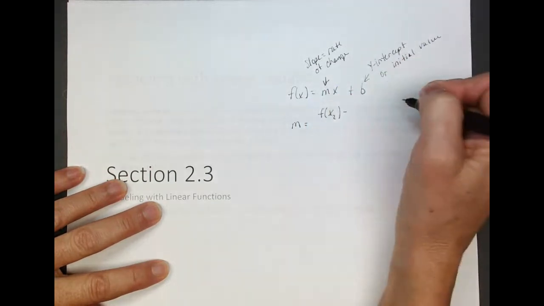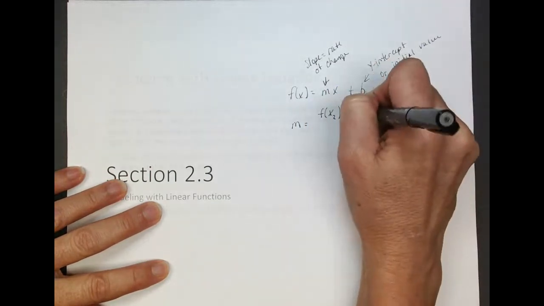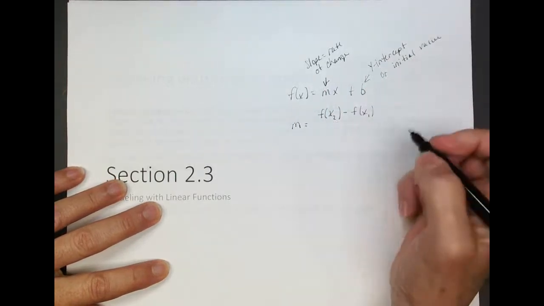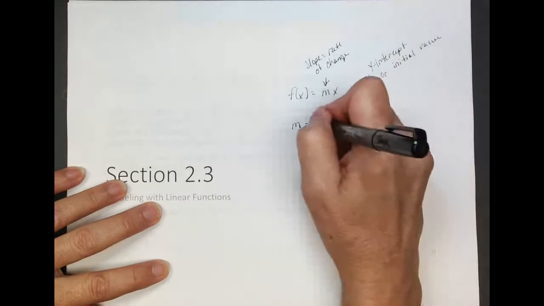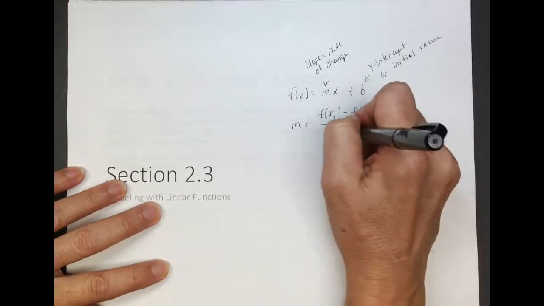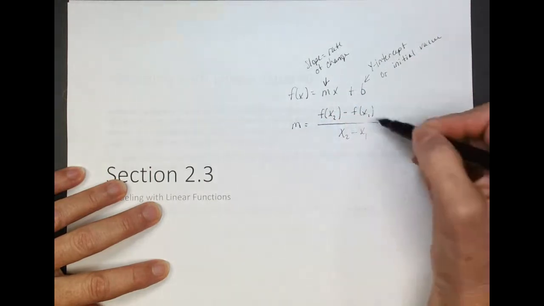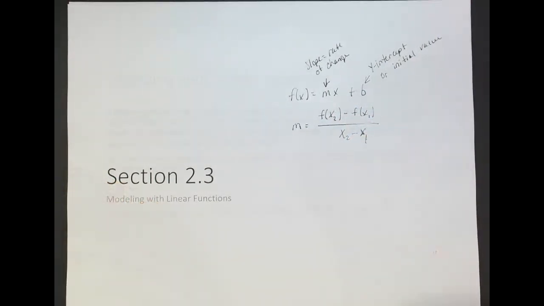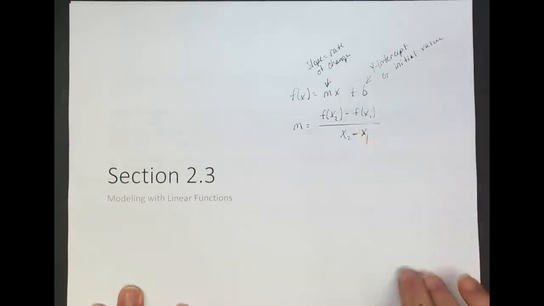We could write that as f of x2 minus f of x1, where x1 and x2 are inputs to the function, divided by x2 minus x1. The difference in the outputs over the difference in the inputs.